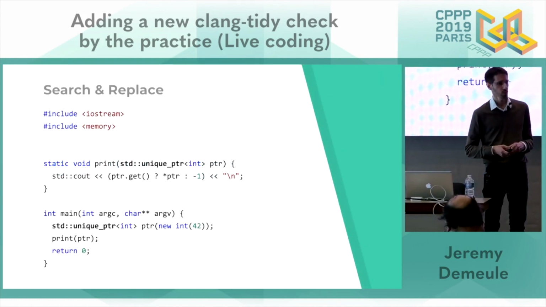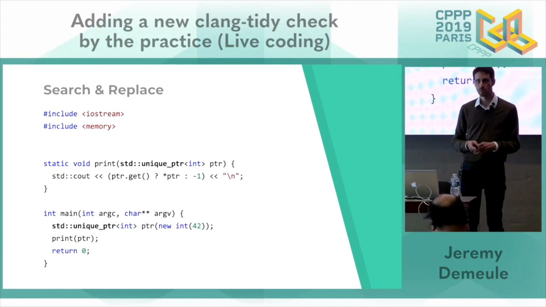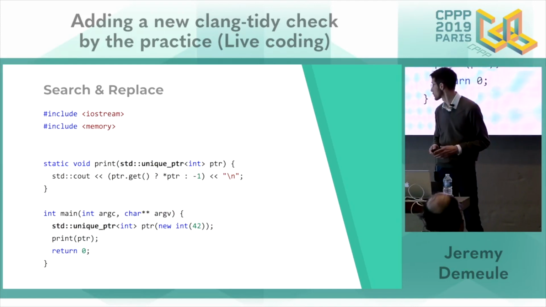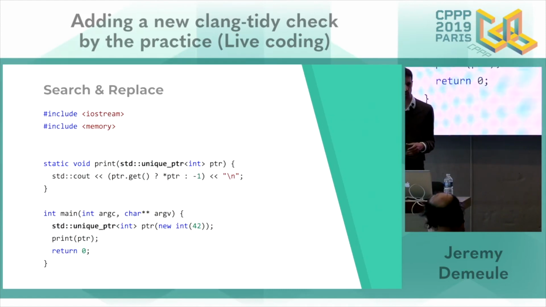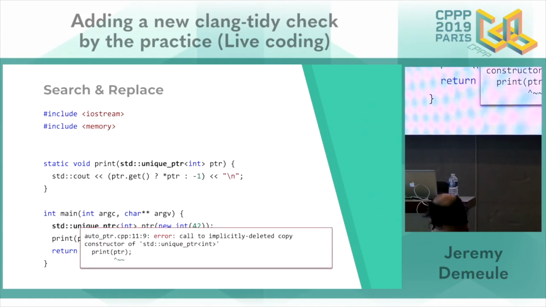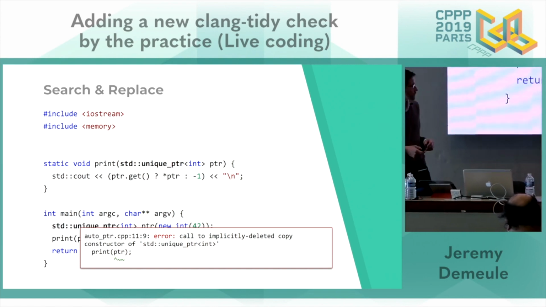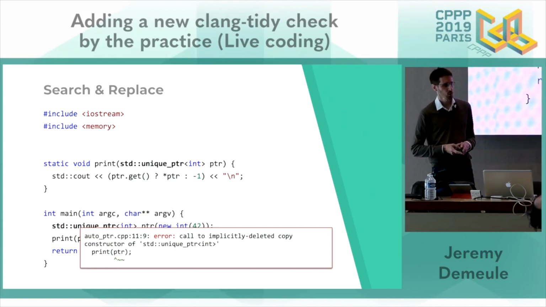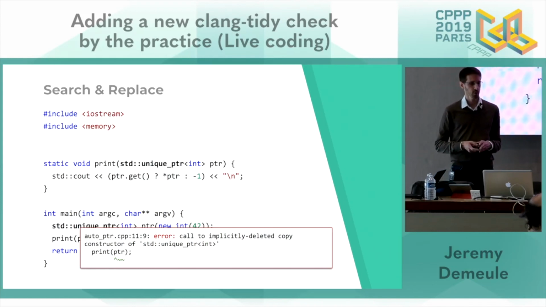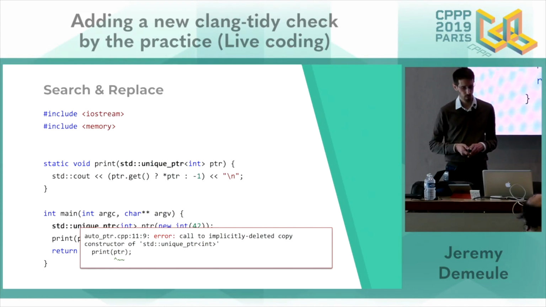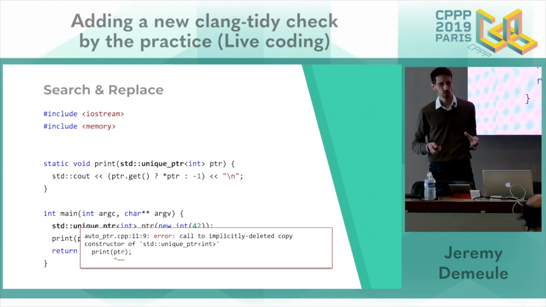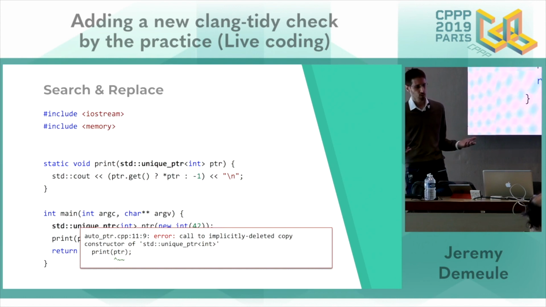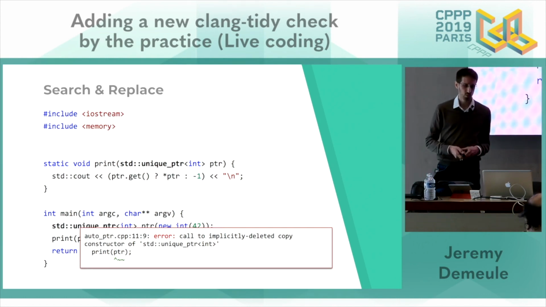If you apply this approach to the auto_ptr example, yes, we have replaced auto_ptr by unique_ptr, but now the produced code does not compile. It is almost impossible with only regex to find the ownership transfer required here. So clearly, this is not the kind of transformation we want to invest in.